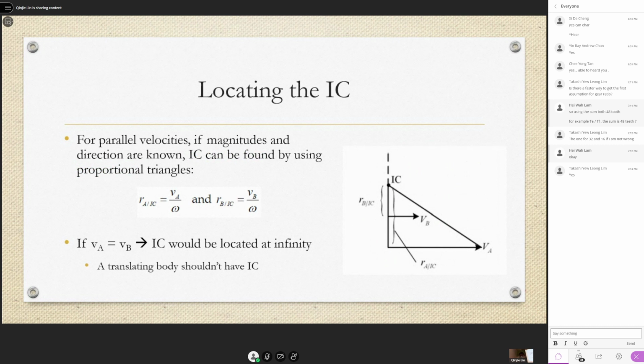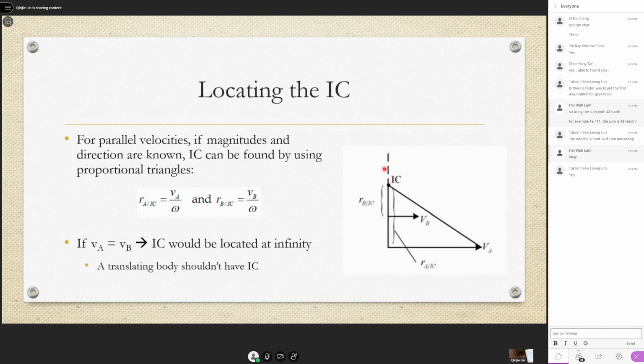Then next, for parallel velocities, that means when both are moving in the same direction like this, if magnitudes and direction are known, IC can be found by using proportional triangles. Because it's parallel, and IC is a point where it doesn't move. So a proportional triangle will bring you to a point where you intersect and then reach a point of 0.